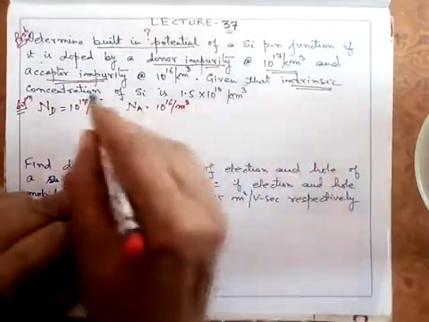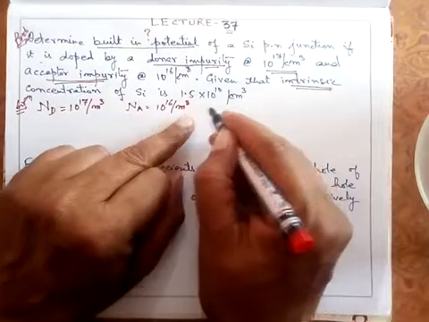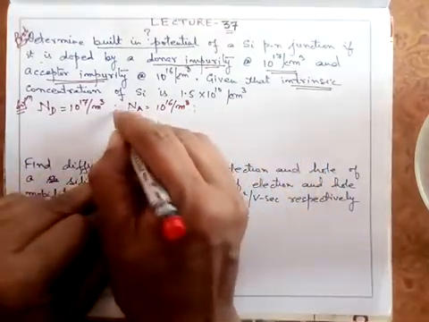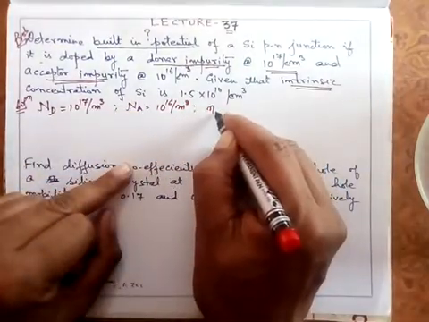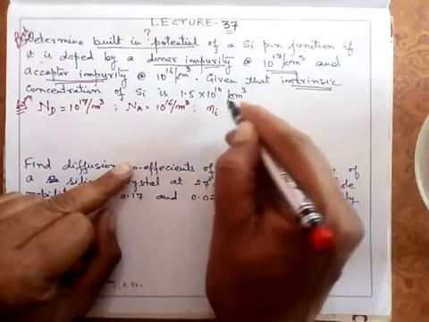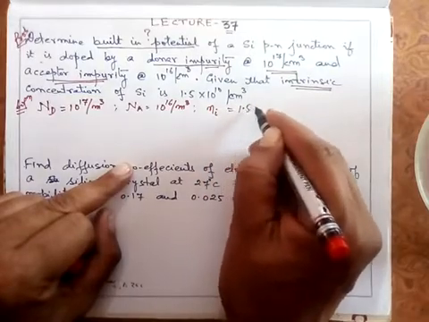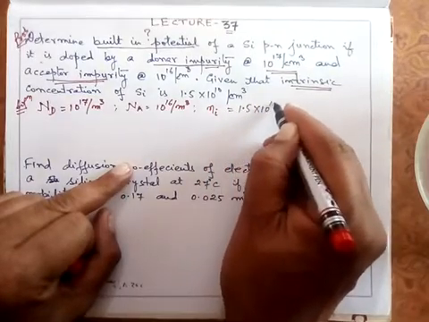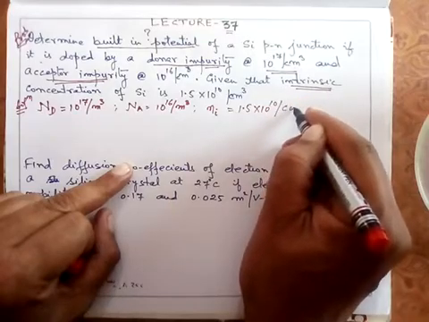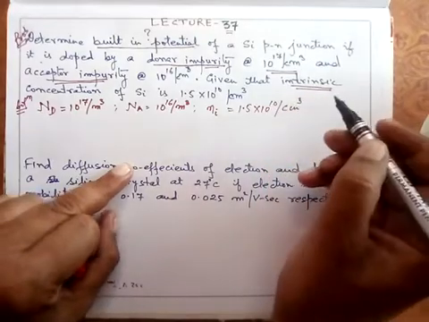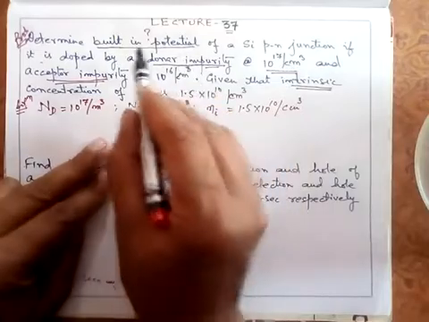Given that the intrinsic concentration Ni is also given to you. This intrinsic concentration, represented by Ni, is 1.5 into 10 to the power 10 per centimeter cube.